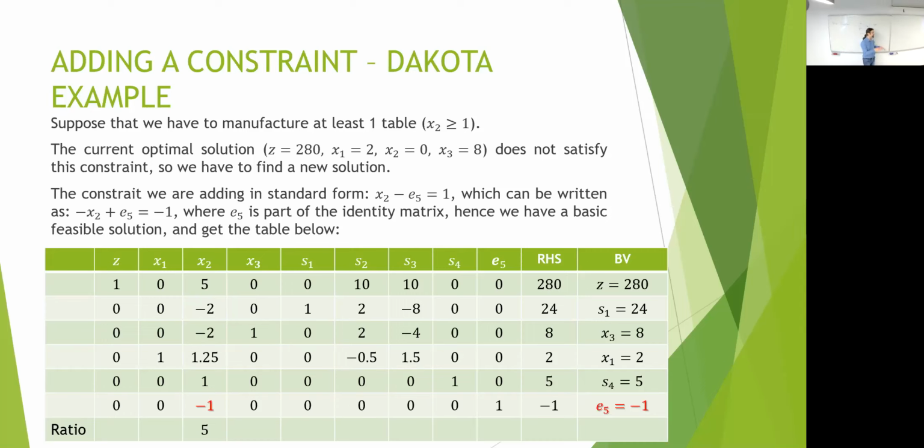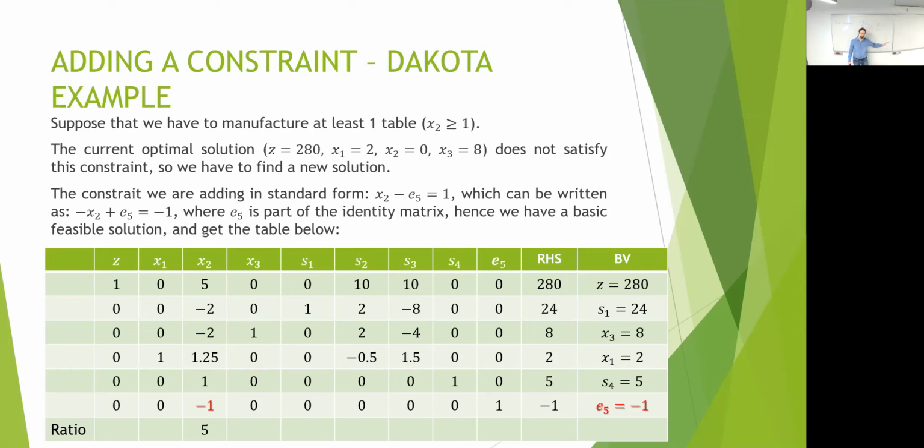We already know that x2 minus e5 is equal to 1 is its standard form, so we are adding the standard form into the matrix by multiplying with -1, of course, because we need to find the e5 value. We need to see that e5 has a coefficient of 1 to be able to be in the identity matrix. So we have -1 for x2, 1 for e5, and -1 for the right hand side.